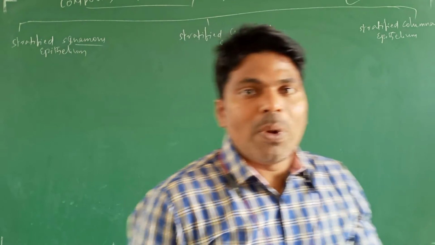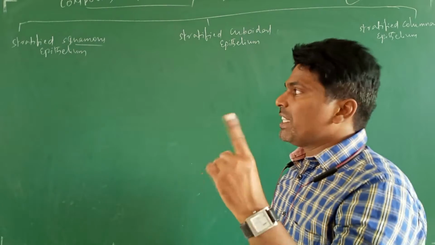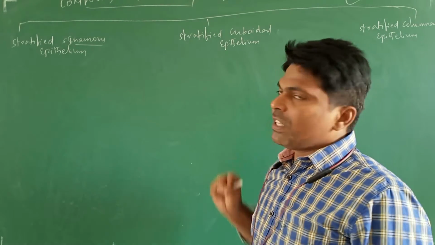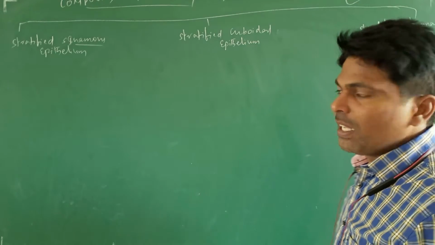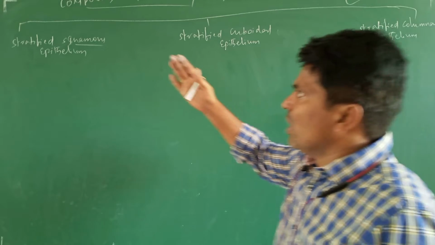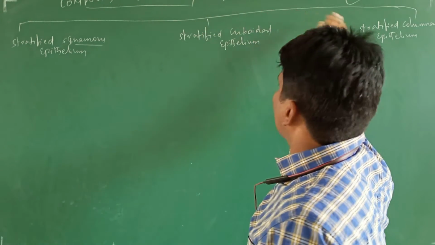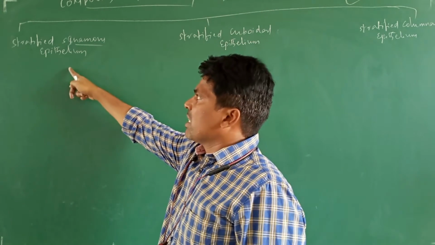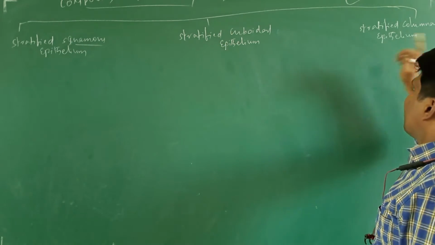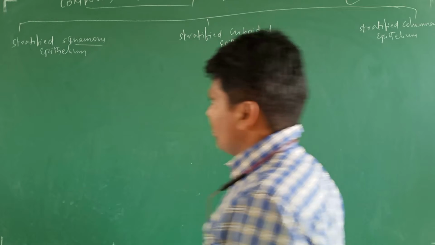How exactly is the simple single layer of cells classified? Simple squamous epithelium, simple cuboidal epithelium, next simple columnar epithelium. Exactly like this, stratified has more number of layers present. That is why it is considered stratified squamous epithelium, stratified cuboidal epithelium, stratified columnar epithelium.